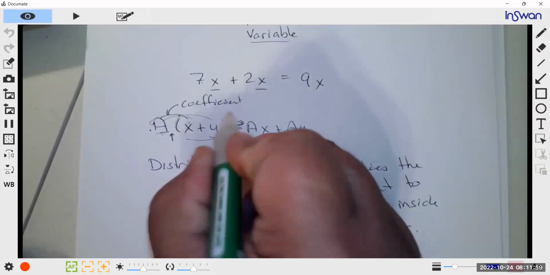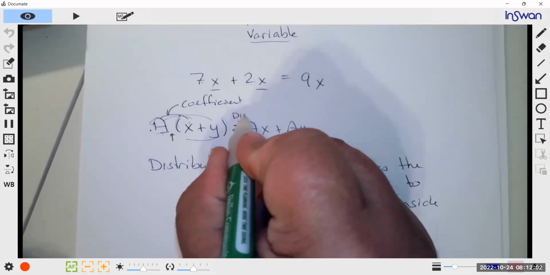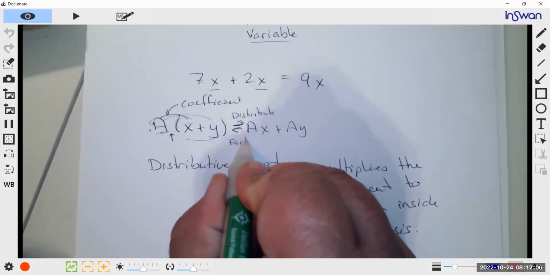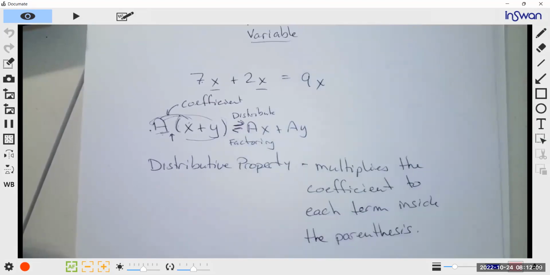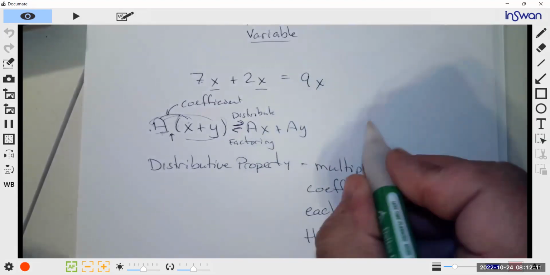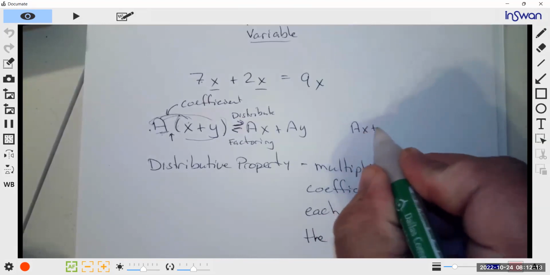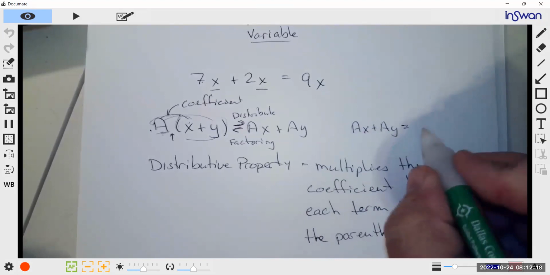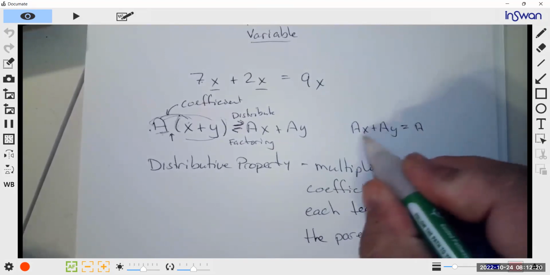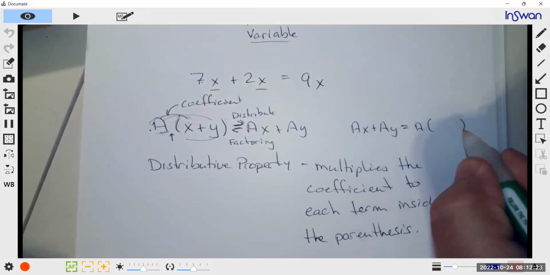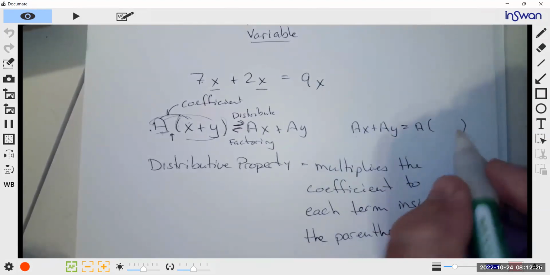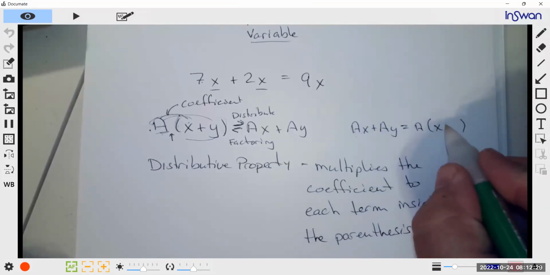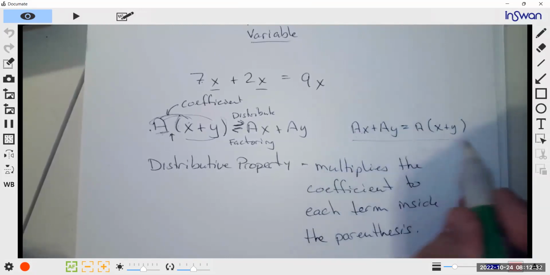But going the other way, that's what we call factoring. What do ax and ay have in common? They both have an a. So if you take out what they have in common, whatever's left goes inside the parentheses. So take out the a, you have x plus y. This is the rule we're using.